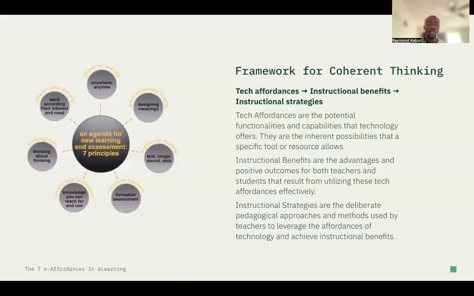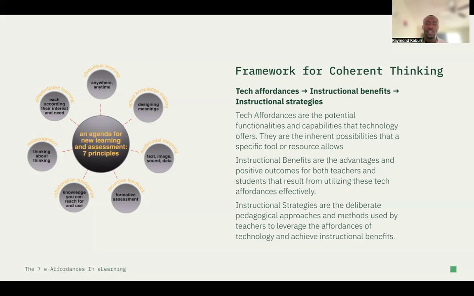So for us not to waste time, we want to first of all look at the framework for coherent thinking. To make it very simple, we have this organogram, or simple diagram, showing us the three things that we need to consider in terms of our framework to take a decision as to which kind of technology to use.